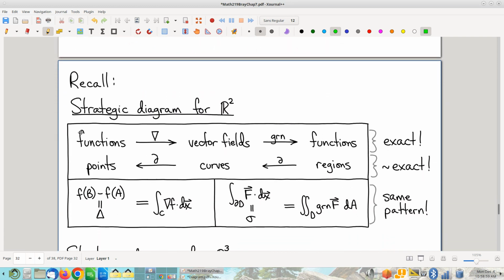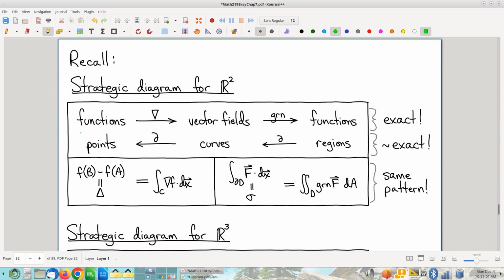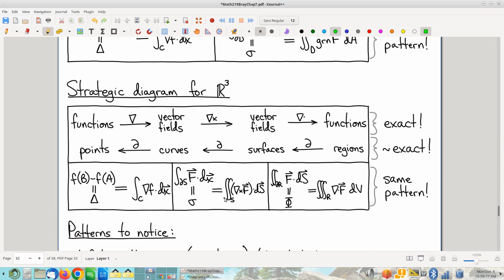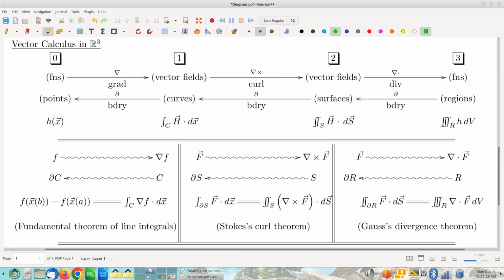Alrighty, so we're on to summary stuff now. I'm going to switch over so this is my diagram for R2. You'll recall that when we were talking about this, I switched over to my typeset diagram, which I think is easier to read. It's a little bit more full. So likewise for this three-dimensional version of the diagram. And so here we go. I'm going to switch over to that.